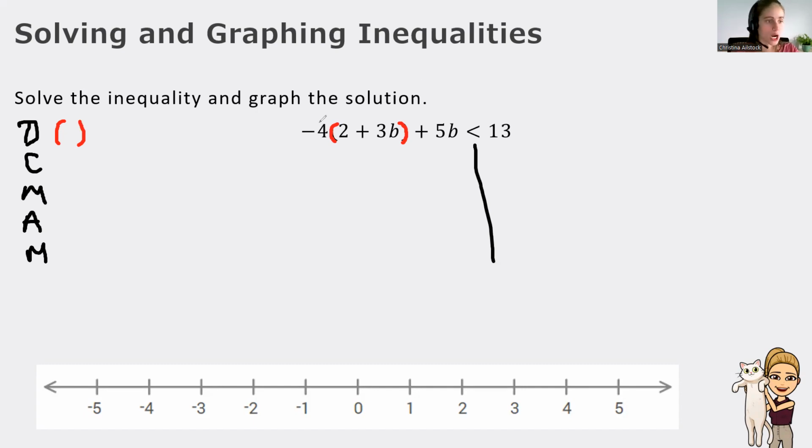So with the distributive property, remember that -4 is being multiplied by everything inside the parentheses. So we're going to distribute that -4 into everything. So -4 times 2 would be -8. And then -4 times 3 would be -12.